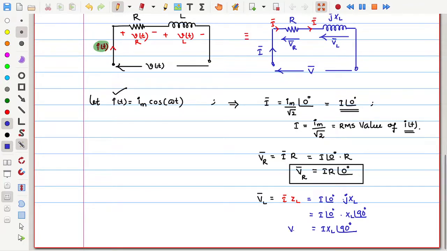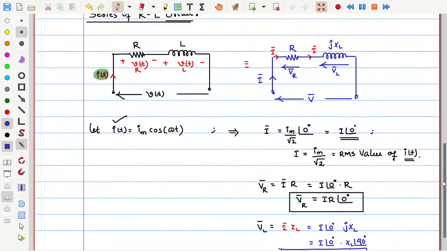Now see how much is the voltage across the inductor? Magnitude is current magnitude into impedance magnitude. Let me write one more step here about the inductive impedance. ZL is the inductive impedance, which is equal to JXL, which can be written as 0 plus JXL.